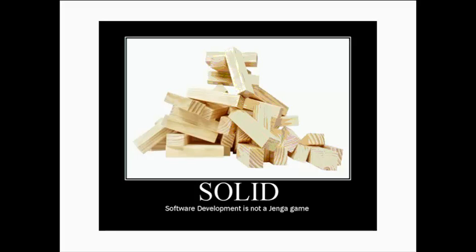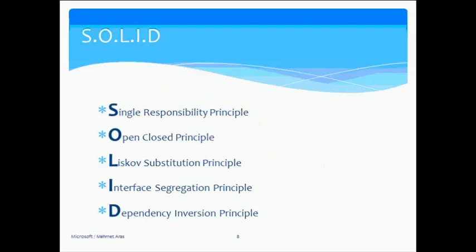So in the next several slides, we are going to go over these principles. I'm going to cover each and every one of them, but very quickly. The first one is single responsibility principle. Second, open-closed principle. Liskov substitution principle. Interface segregation principle, and dependency inversion principle.